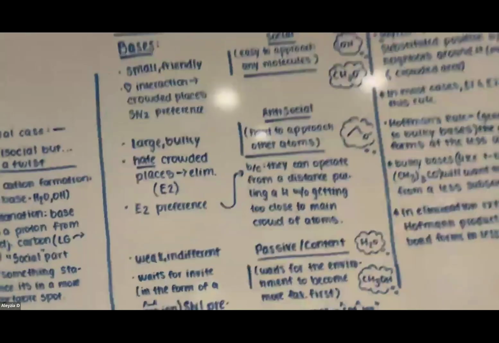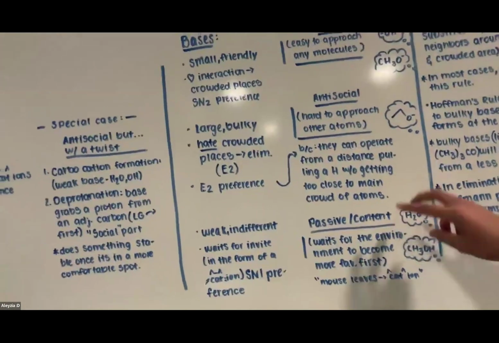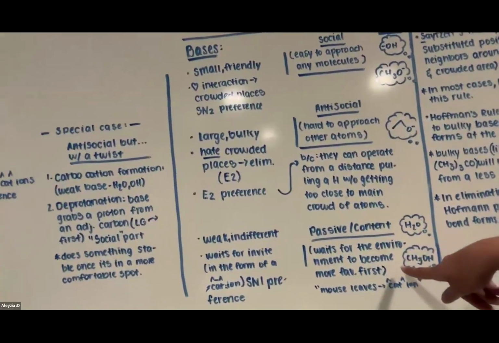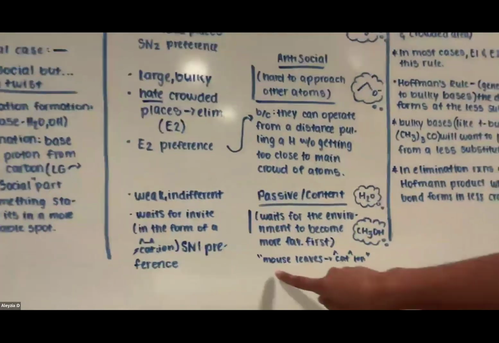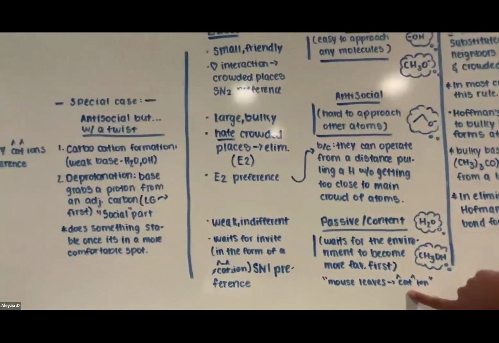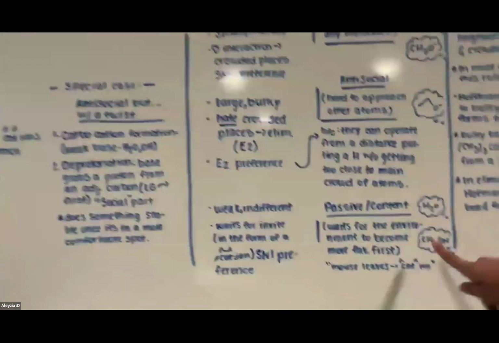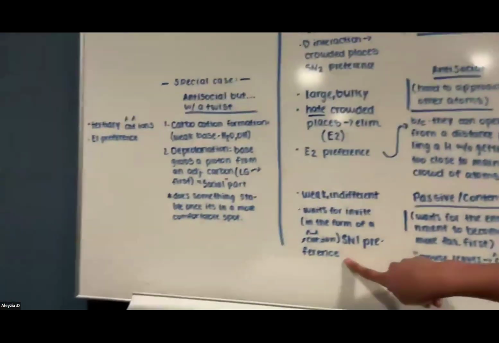Here I have passive atoms, where they just wait for an environment to become more favorable. Again the reference: the mouse leaves and then it forms a cation. These are weak, like H2O or CH3OH, and that would be an SN1 preference.